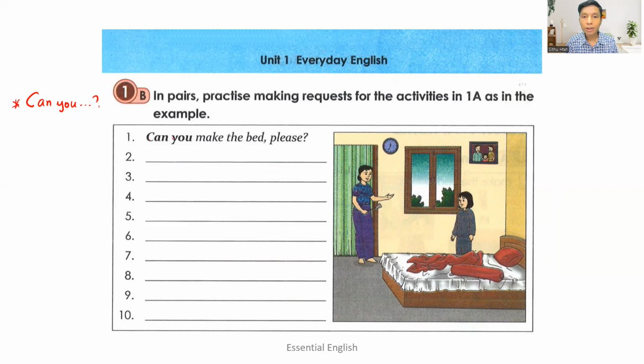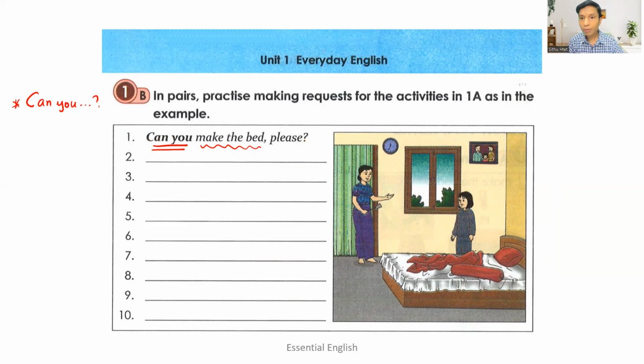For example, can you make the bed, please? Okay, this is the use of can you. We usually add the word please to be polite. Can you make the bed, please?